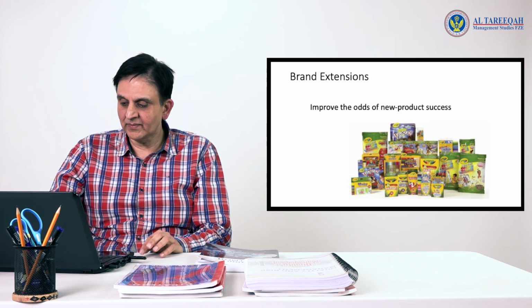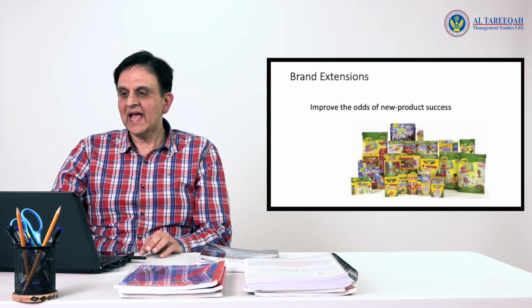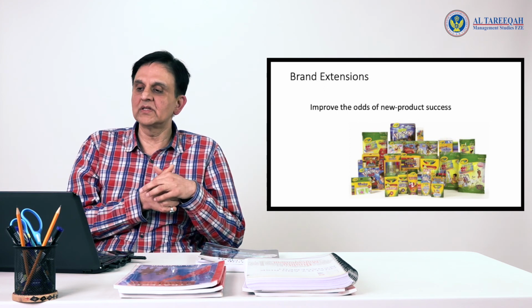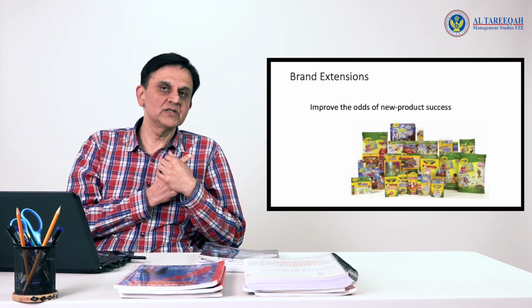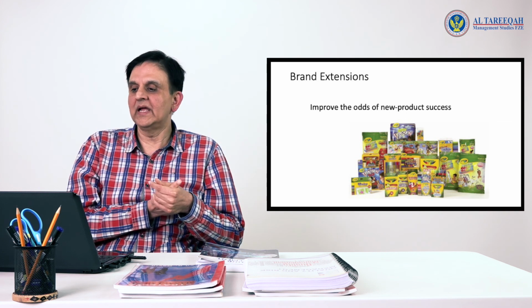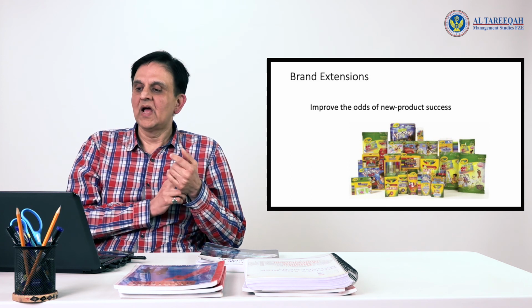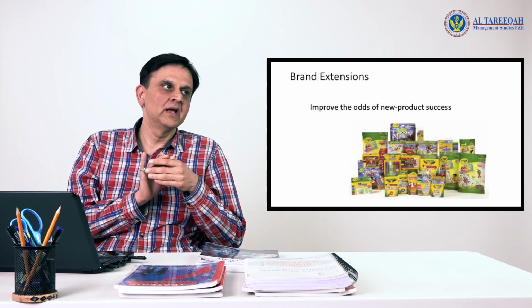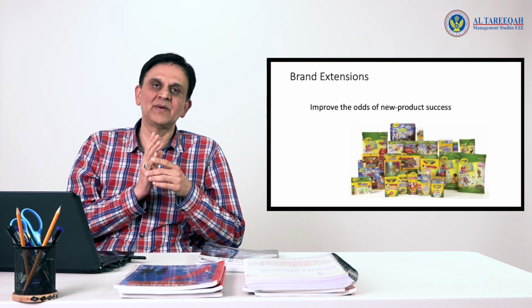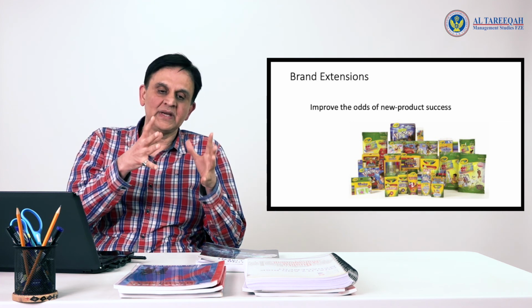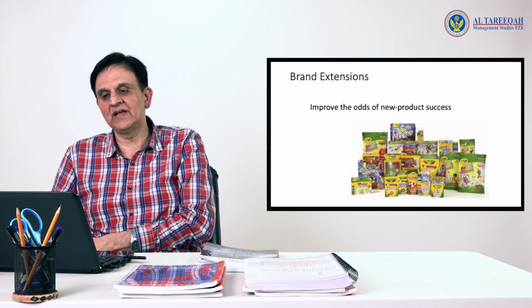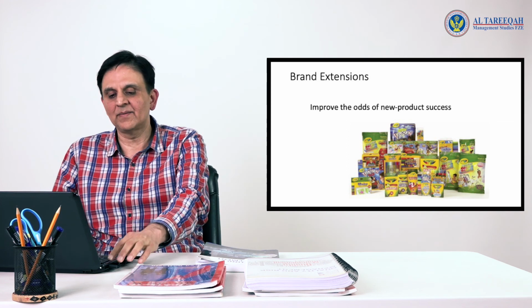So in summary, what we have done in this particular chapter is we have understood the importance of branding. We have understood what is brand equity, how you can measure it, how you can manage it, and what decisions you must take in building your brand, may it be at the mother level, at the company level, at the individual level, or at the sub brand level.